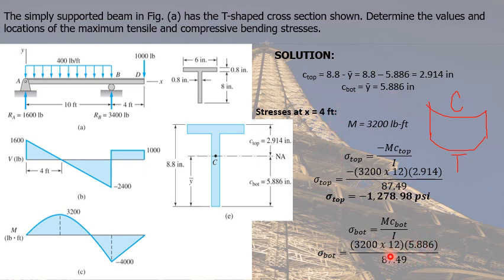Now we're still consistent with our units. We can now solve for the bending stress at the bottom equal to positive 2,583.41 psi. We have a positive stress, a tensile stress, which is again expected because we have a positive moment. And for a positive moment, the bottom of the beam is under tension. So we have a tensile stress.